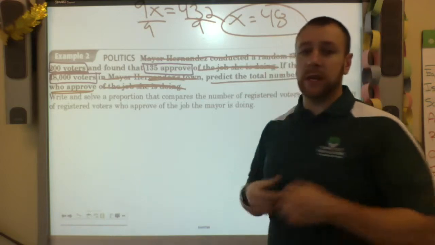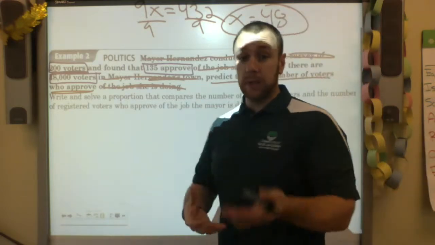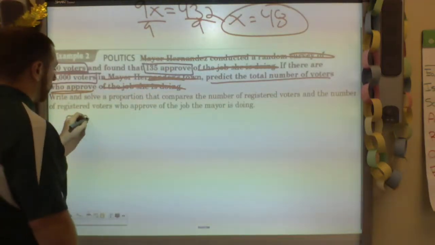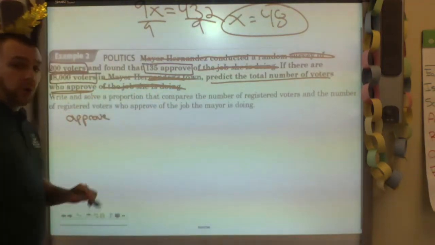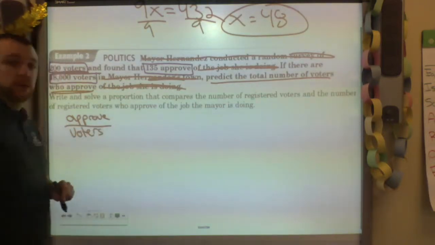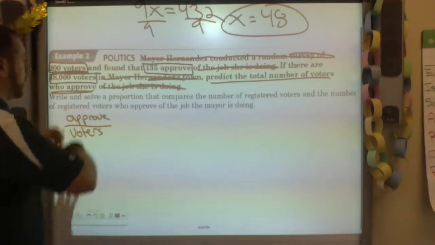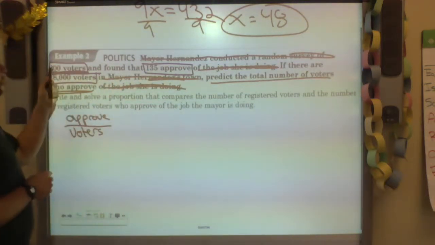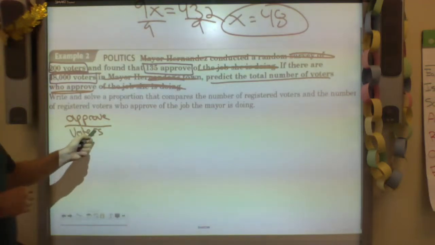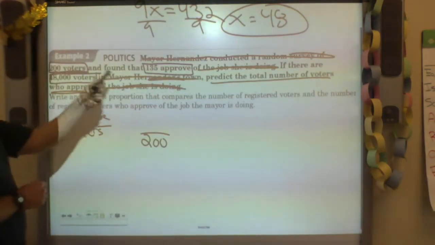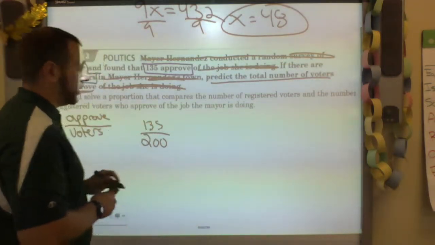So I'm going to set up a proportion. And what I'm going to do as a proportion, I'm going to put the amount that approve over the amount of voters. Okay? So just looking in this top sentence here, I know 200 voters, voters goes on the bottom, and that 135 approve.